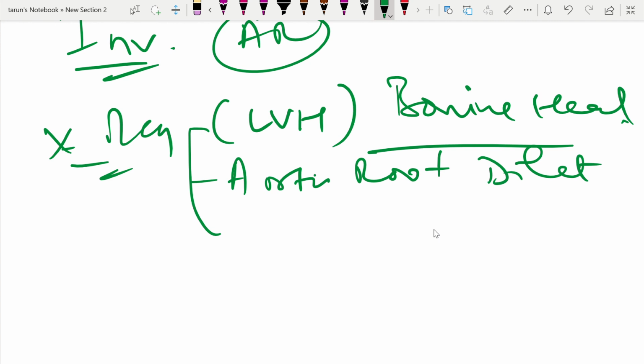So aortic valve calcification, aortic root dilatation, cardiomegaly you will see. Then in the ECG you will see the features of LVH and conduction defects.